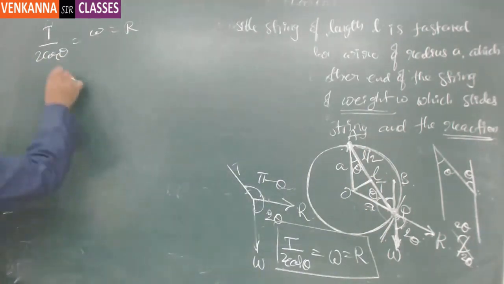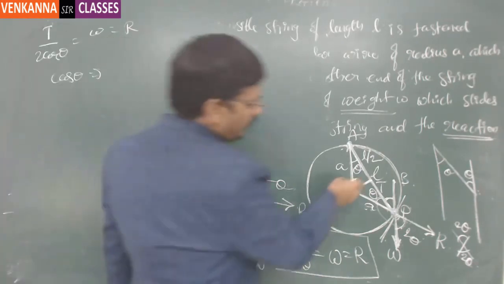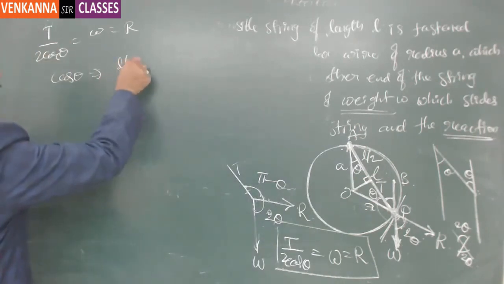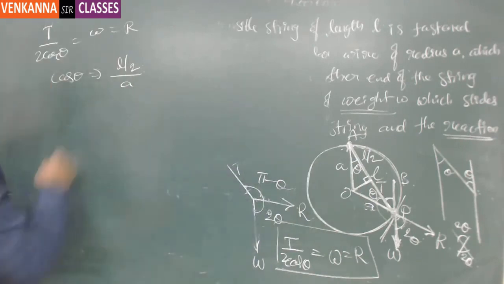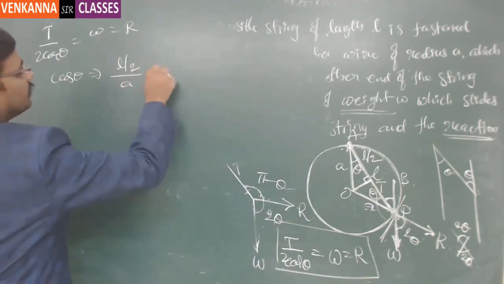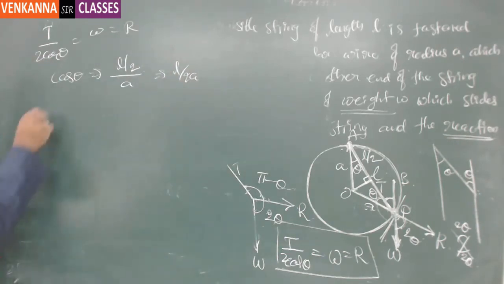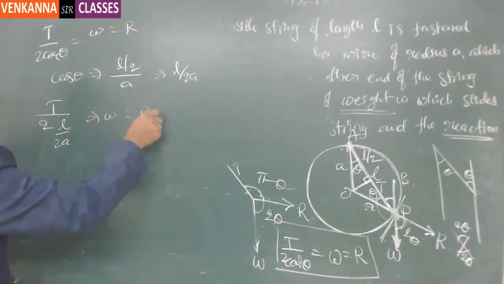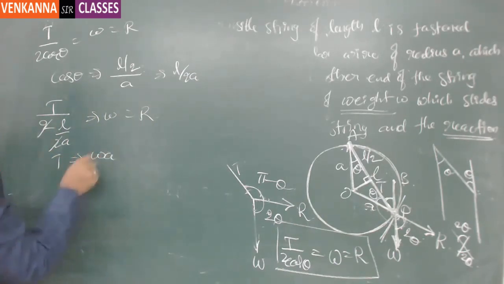If you draw a perpendicular, this will be 90 degrees. Cos theta is equal to L by 2 divided by A, because this is the hypotenuse. So L by 2 divided by A. So you can replace L by 2A cos theta. So if you put it here, T by 2 into L by 2A is equal to W is equal to R. This 2 will cancel and T is equal to WA by L.